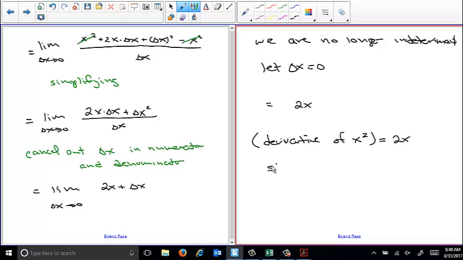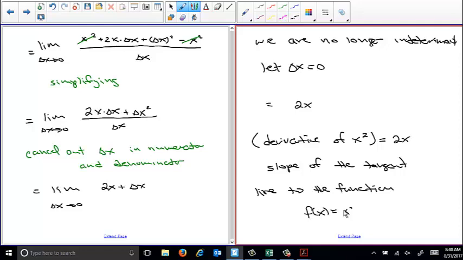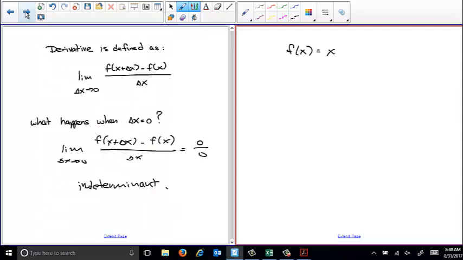Or we can say that the slope of the tangent line to the function f of x equals x squared is 2x. So at x equals 1, the slope of the tangent line is 2 times 1, which is 2. The slope of the tangent line at x equals 2 is 2 times 2, which is 4. So that's how it works.